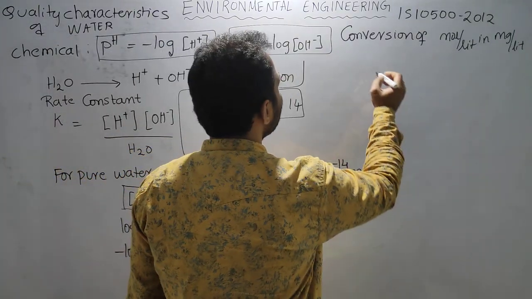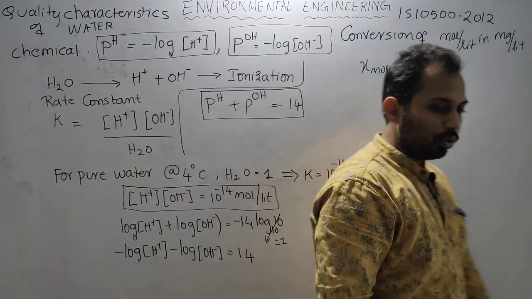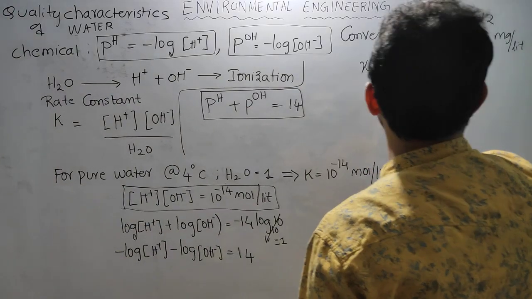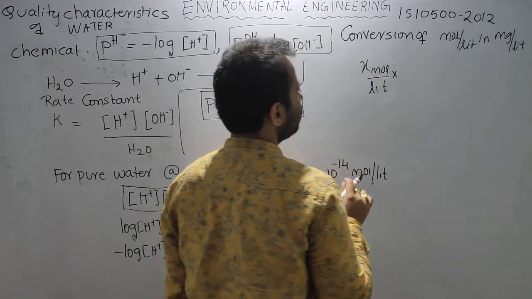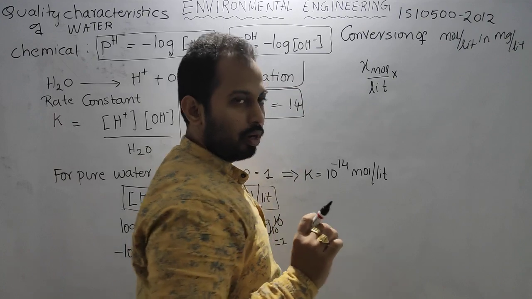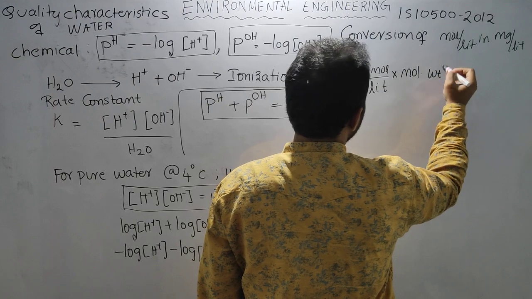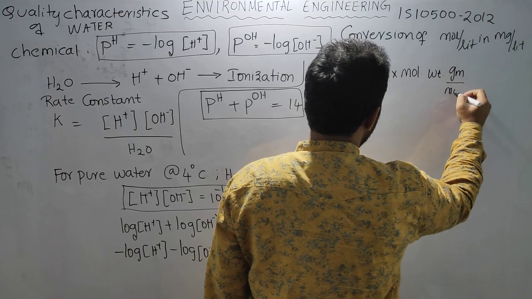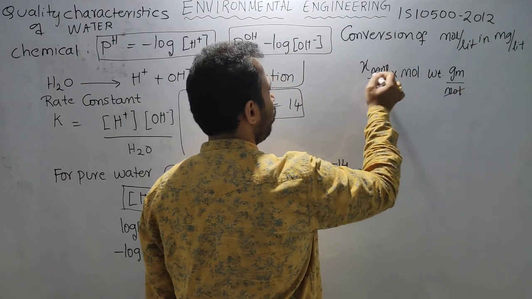See here, x mole per liter. If I multiply it with the molecular weight of a compound, the molecular weight has a unit of gram per mole, so this mole will get cancelled.